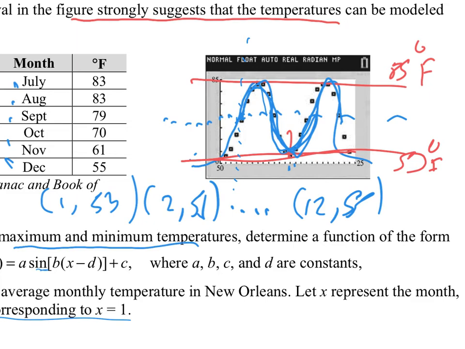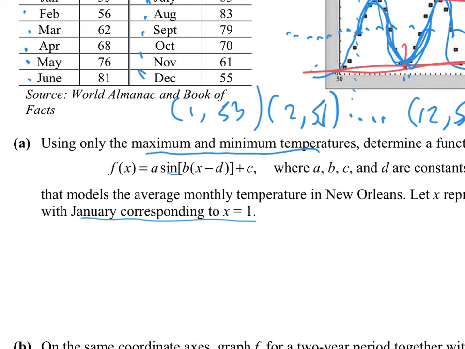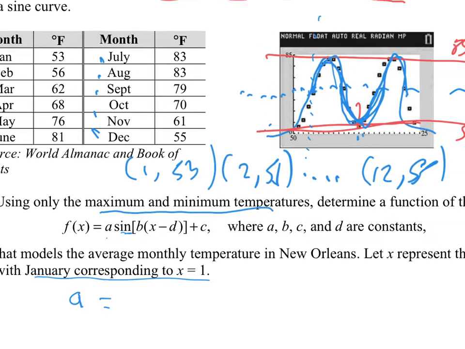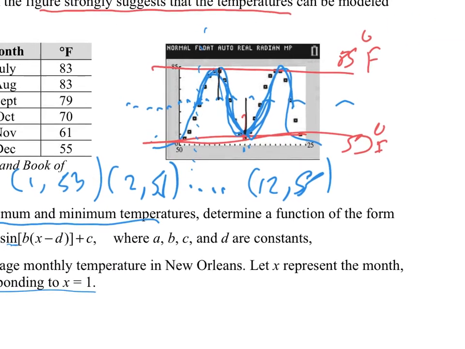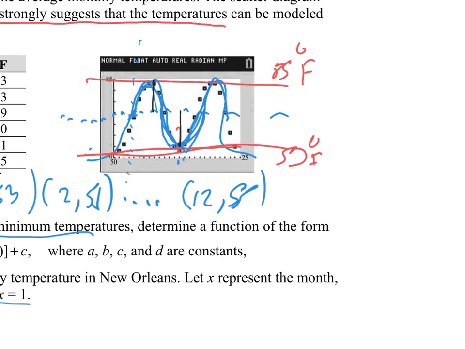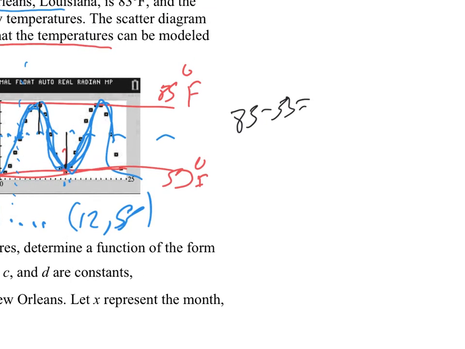So I need to find out some numbers. My amplitude has to be the distance from the middle. So the easiest thing is to take the distance here, 85 minus 53. That's a total of 32. So that whole distance is 32.